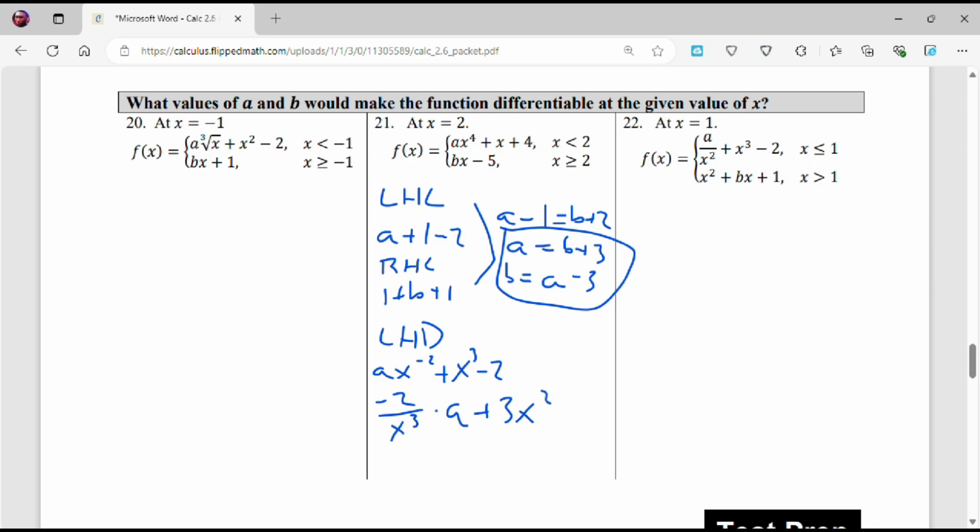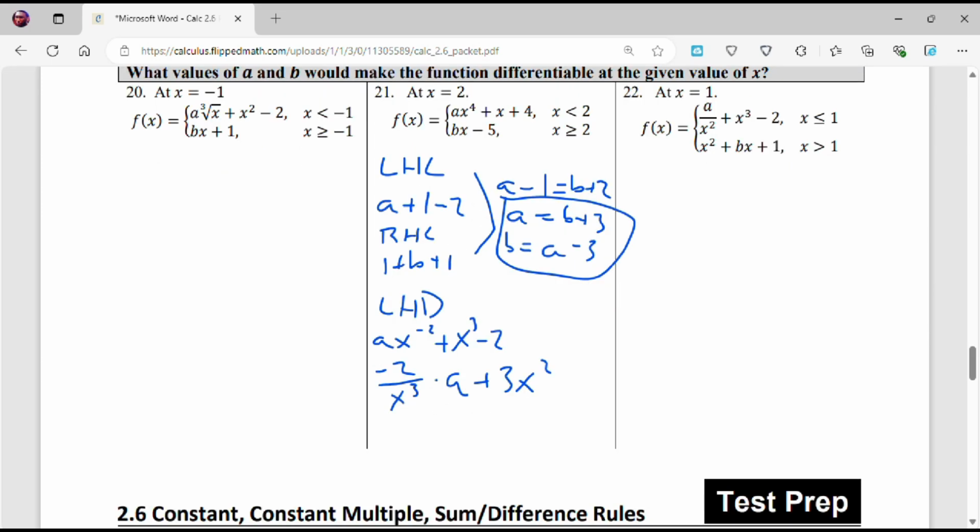And then derivative of a constant is 0. Right-hand derivative, power rule, we get 2x. Derivative of constant times x is the constant. Derivative of a constant by itself is 0. So now let's plug in 1. Negative 2 over 1 cubed is negative 2, times A, plus 3 times 1 squared is 3. And that is equal to 2 times 1 is 2 plus B.